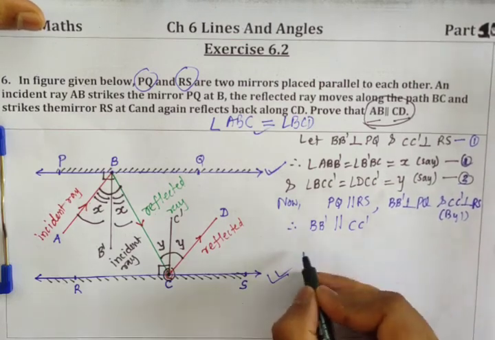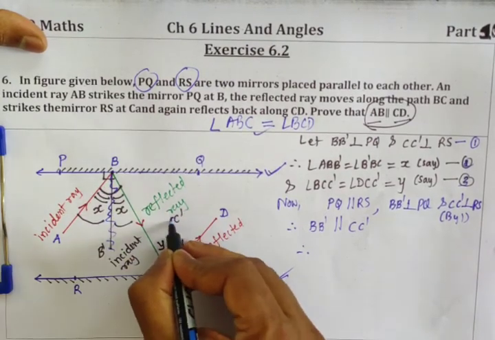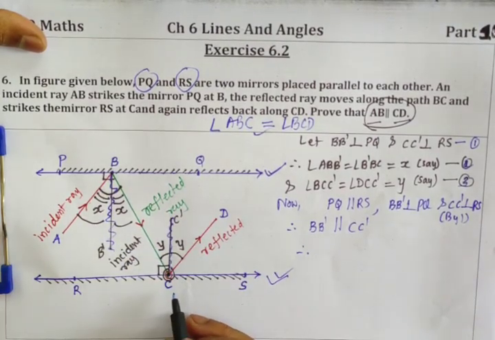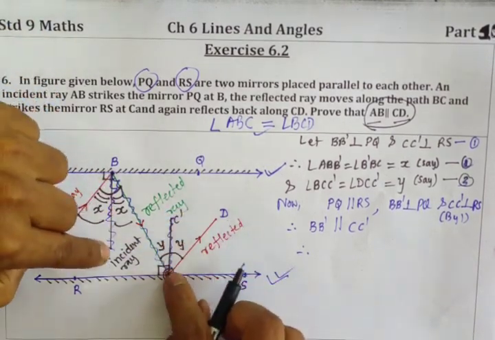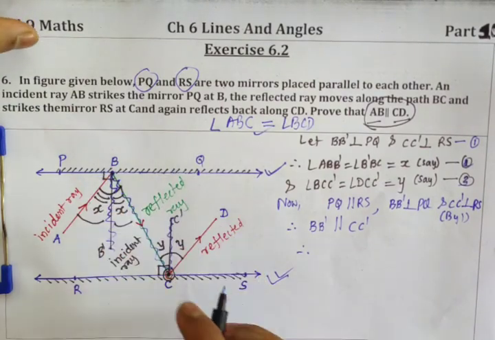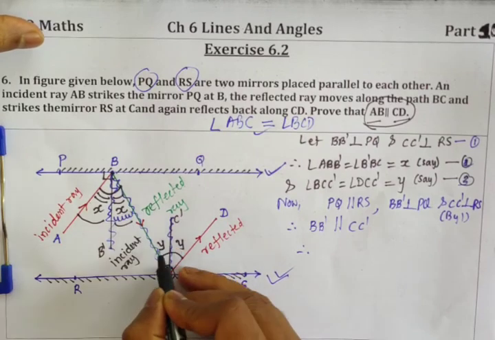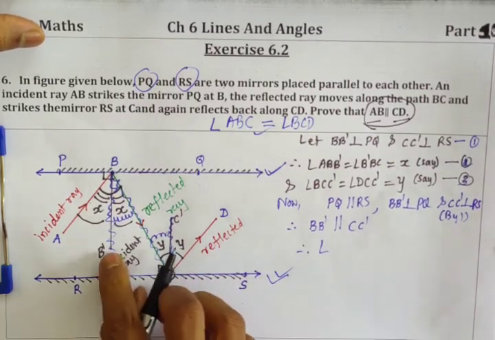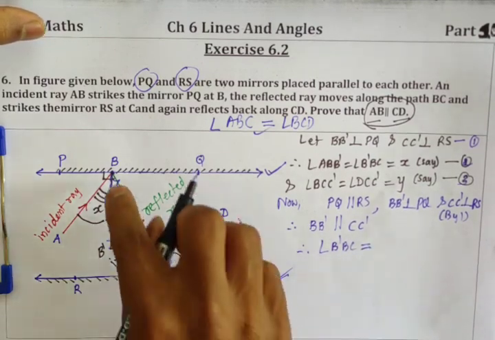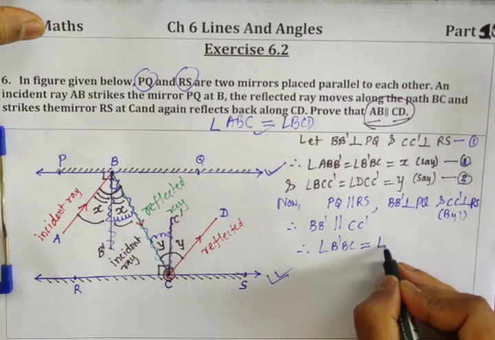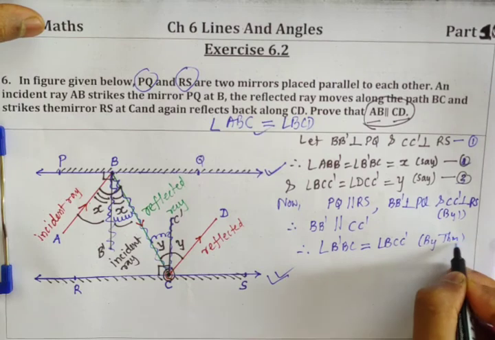Okay, fine children. Therefore children, now concentrate here. Don't draw serpentine lines like how I am drawing, it is just for your understanding. And look, the serpentine lines are parallel and this serpentine line is a transversal. So this angle and this angle are equal, therefore angle B dash BC is equal to angle BCC dash, alright, by the theorem alternate angles are equal.